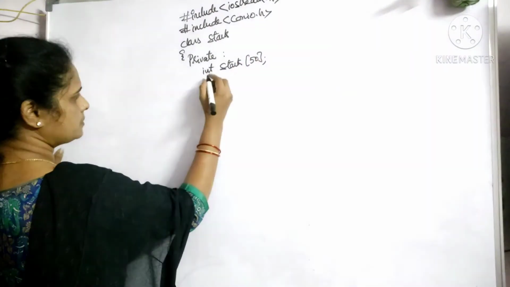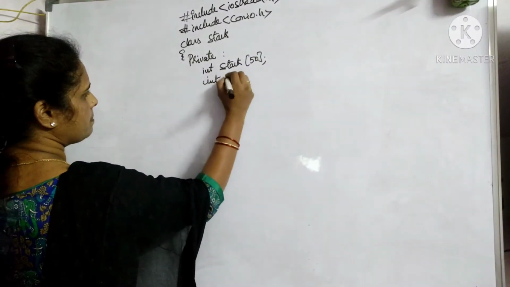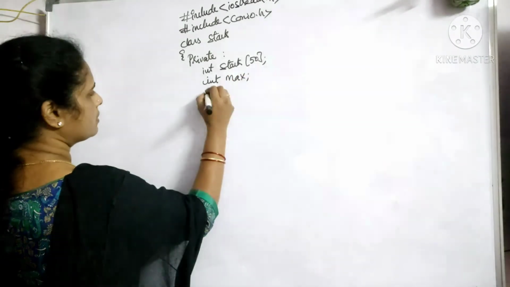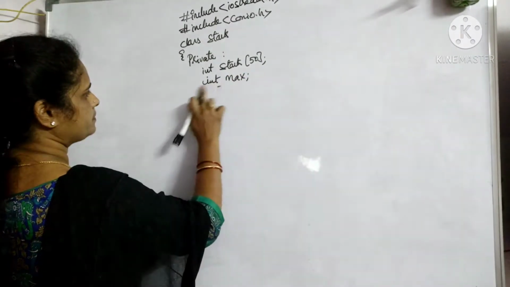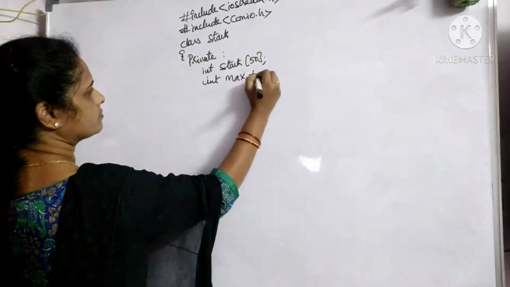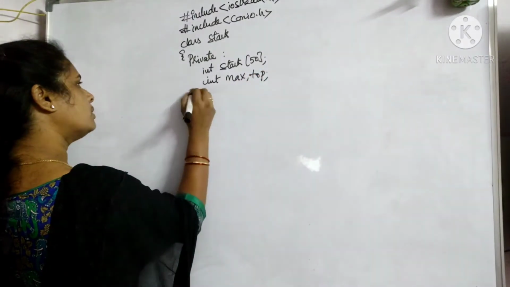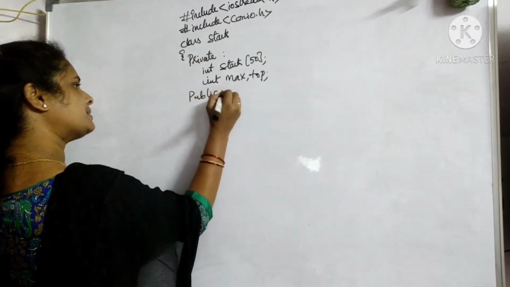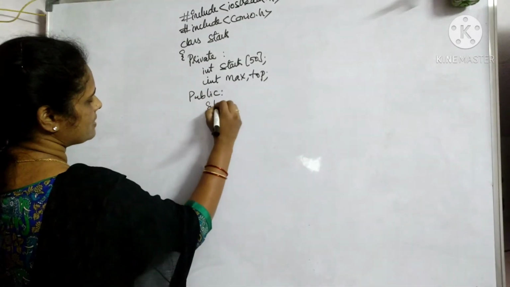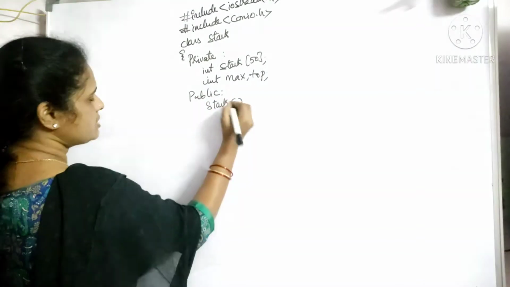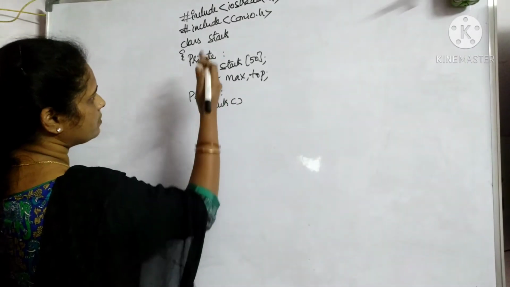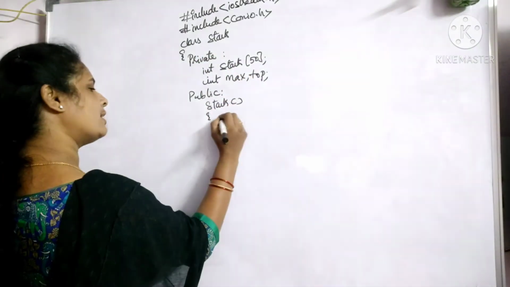Then let us take int max, then int top. Right. Now in the public section, let us take a constructor stack which will initialize the max and top values.